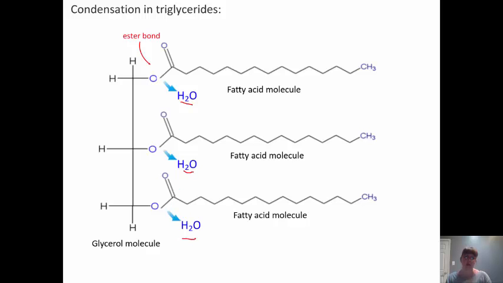To make one triglyceride molecule, you actually have to do three condensation reactions. The bond that forms from a condensation reaction within a fat or a lipid is called an ester bond. So glycosidic bond is for carbohydrates. Ester bonds are for triglycerides.